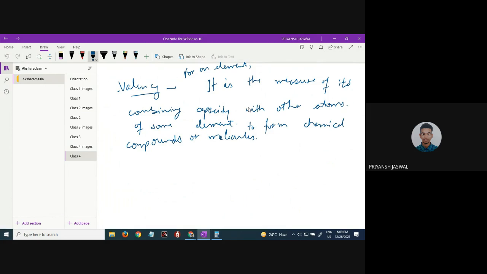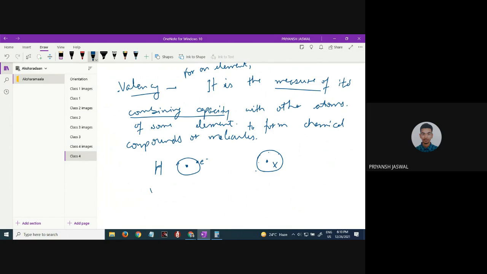So what it means is that, suppose there is a hydrogen atom, it has one nucleus and one electron, right? So there can be some other element, say, for now say X element, it has a nucleus and it has some number of electrons which we don't know. So the sense here is that the valency for an element is the measure of combining capacity.